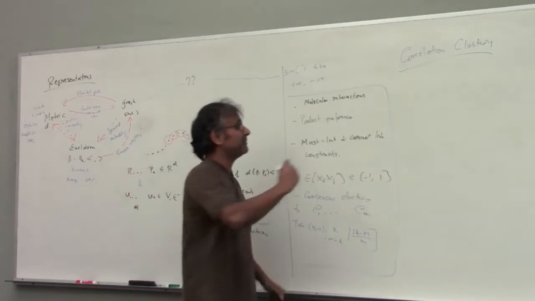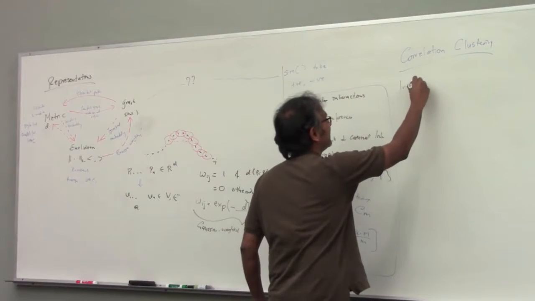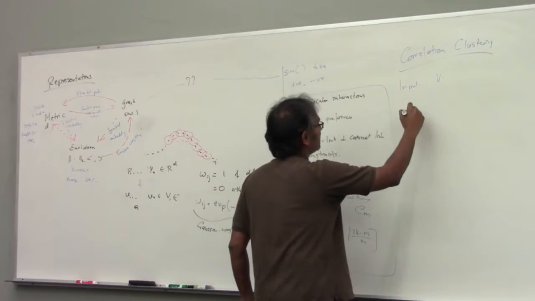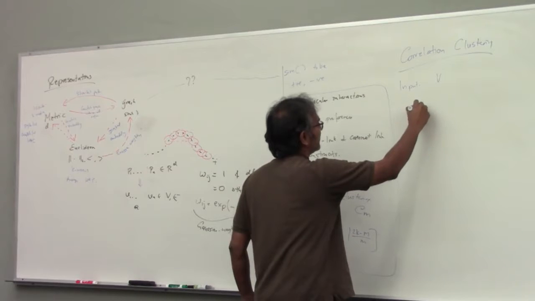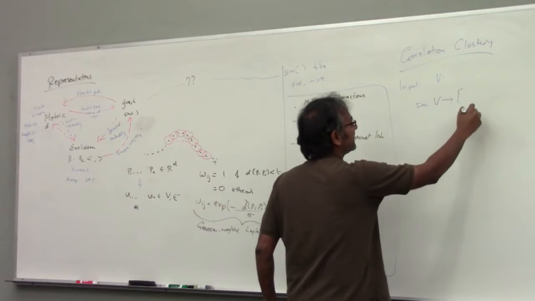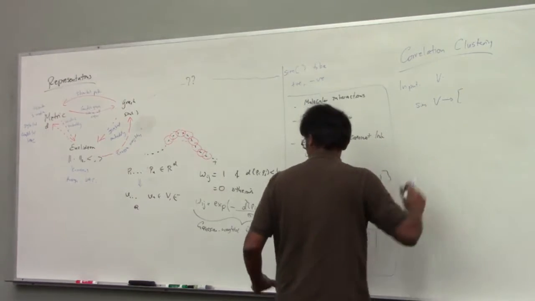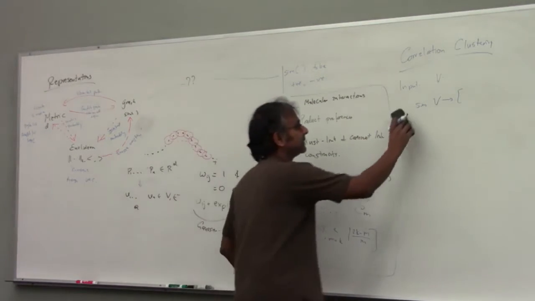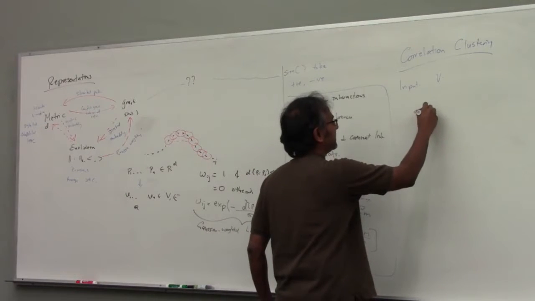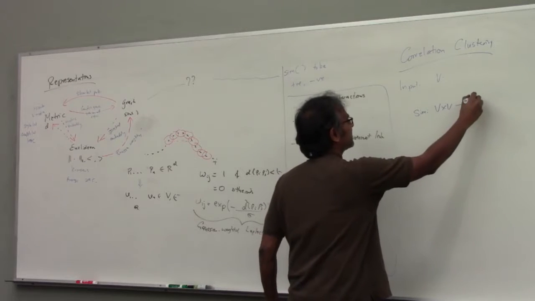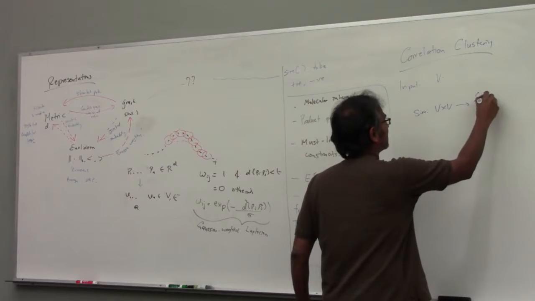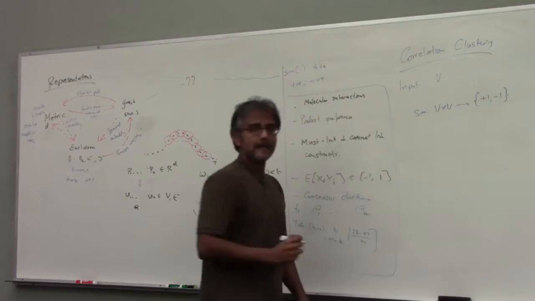So here the input to your problem, again, is a set of objects V, an abstract set, and some kind of function, which we'll call a similarity, which maps from V, and let's say for now, it's some kind of function that takes two things and maps it to the set {plus 1, minus 1}.